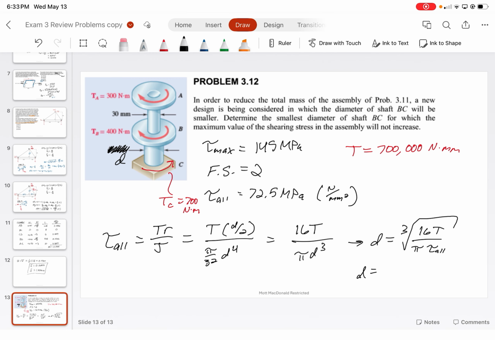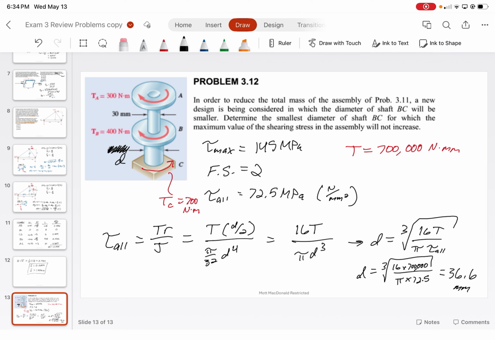From here, just plug and chug. 16 times 700,000 divided by pi times 72.5. And this gives us a diameter of around 36.6 millimeters. And that would be the answer.